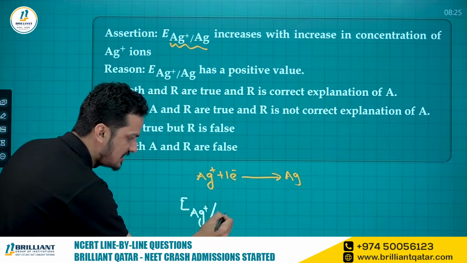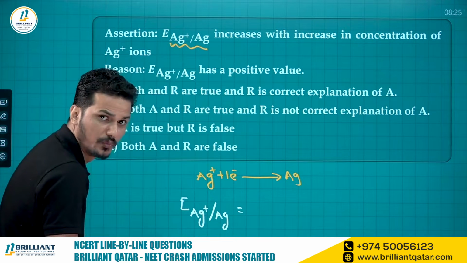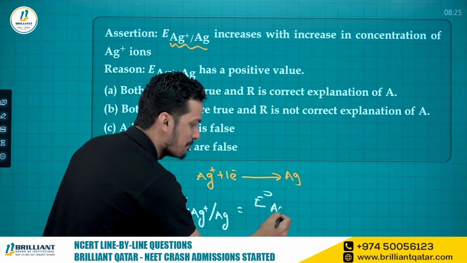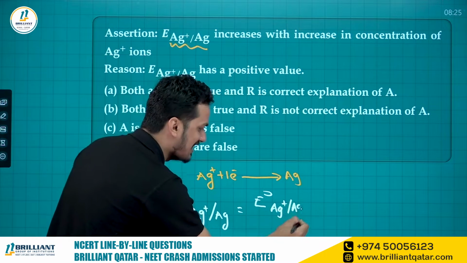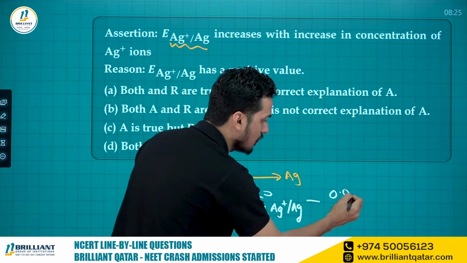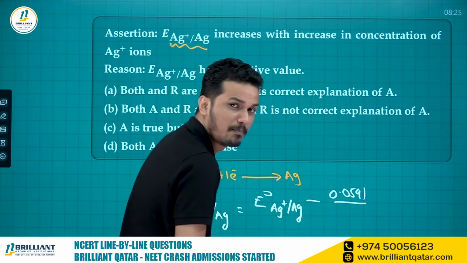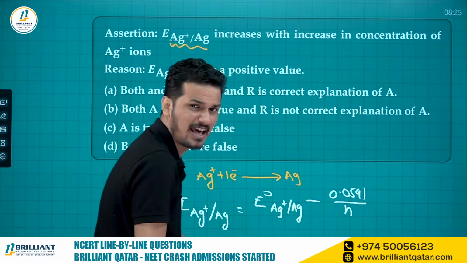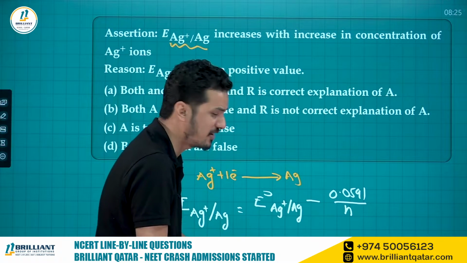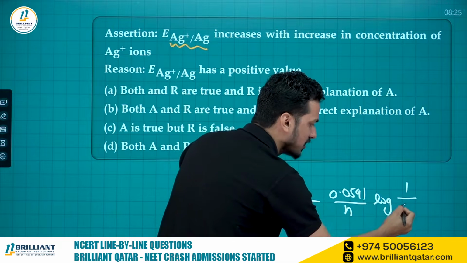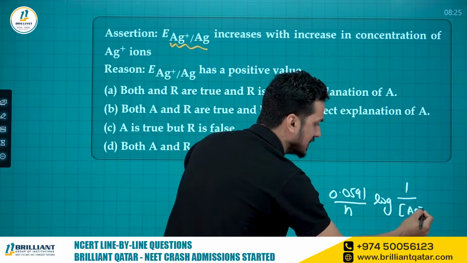E Ag plus bar Ag equal to E0 Ag plus bar Ag minus 0.0591 by n log 1 by concentration of Ag plus.